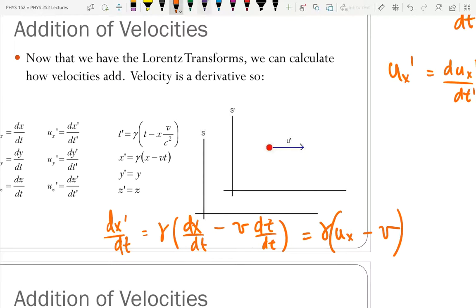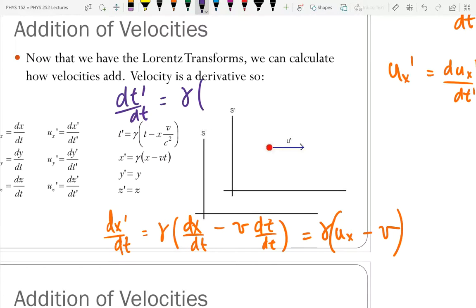And likewise, let's do dt prime/dt. dt/dt is 1. And dx/dt is ux.